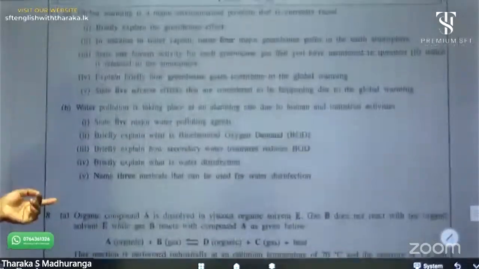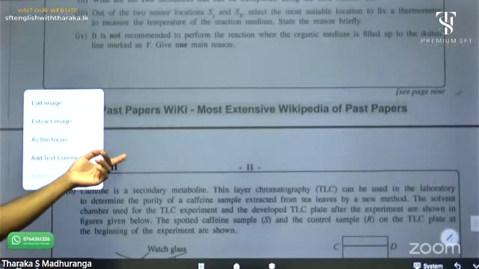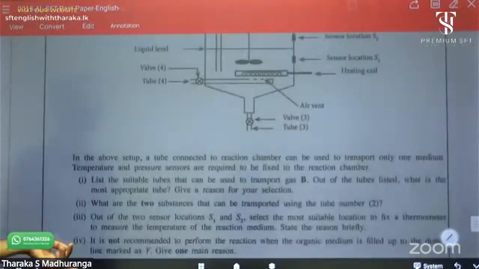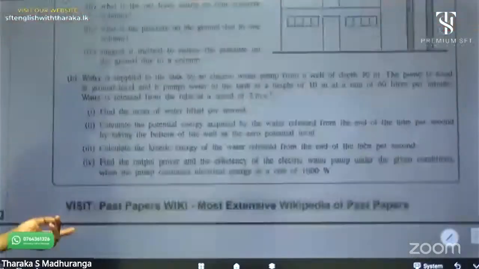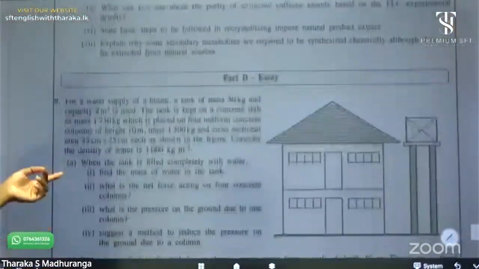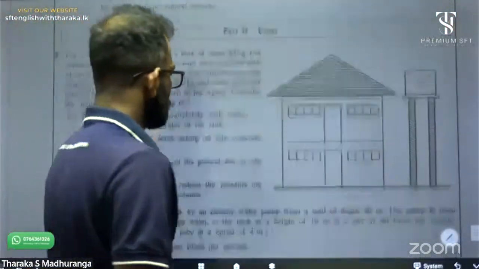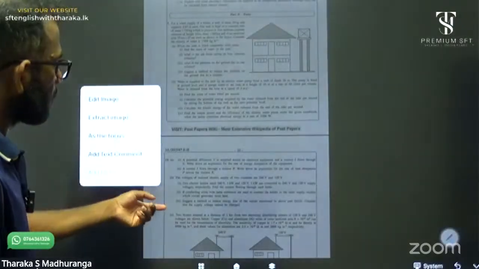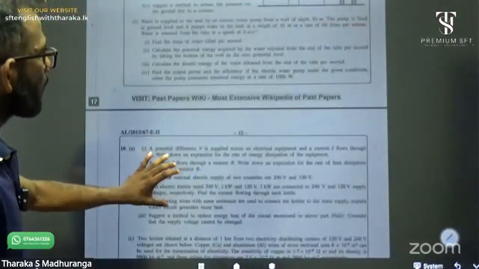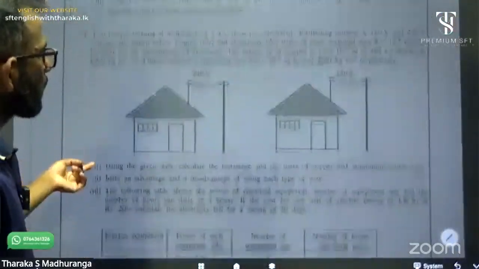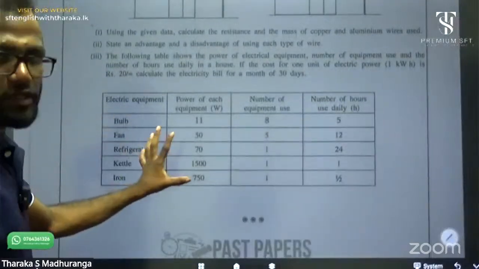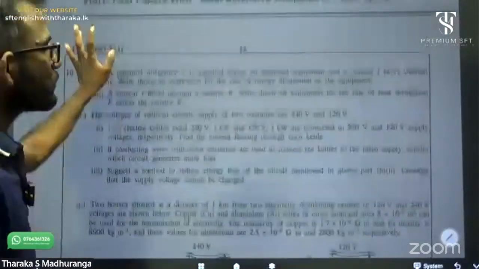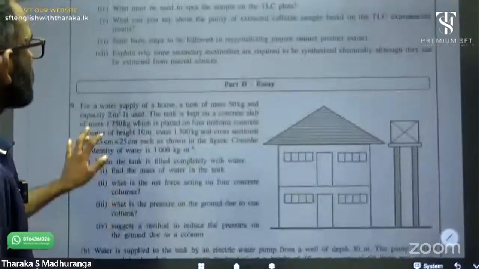This is electricity question. Okay, this is the question. Full question එකම කරන්න ඕන.